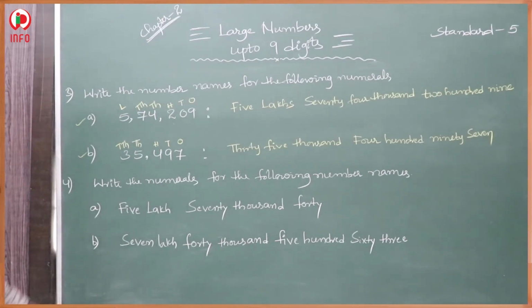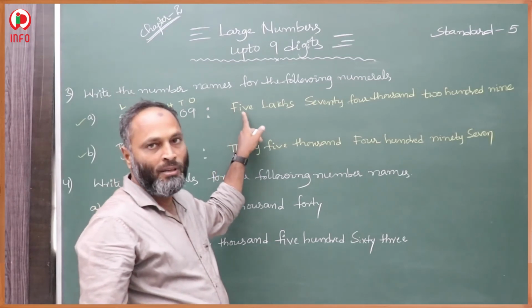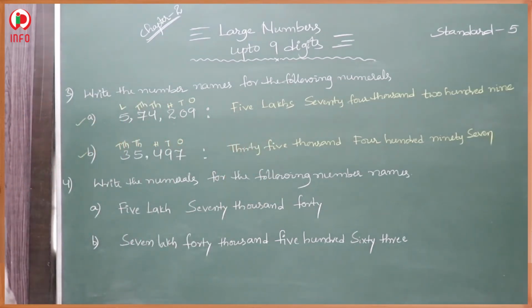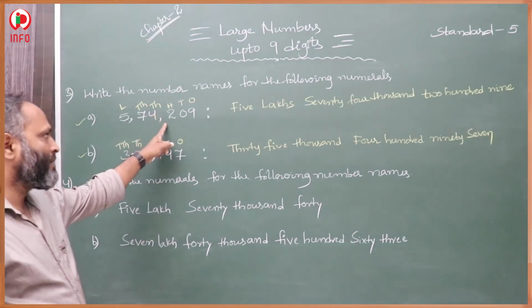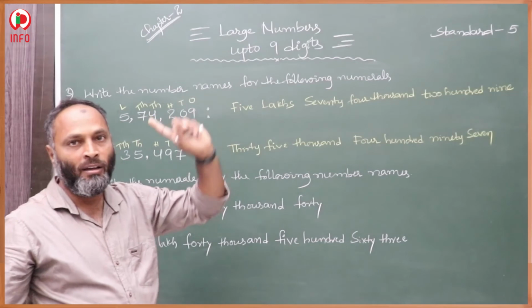So these are the numerals and their number names. This is the method: first we write the place values, then whatever is in each place value, we write in words.